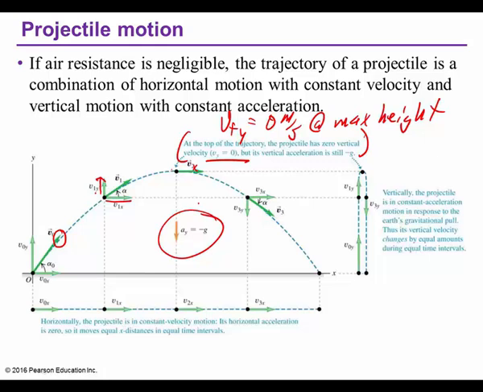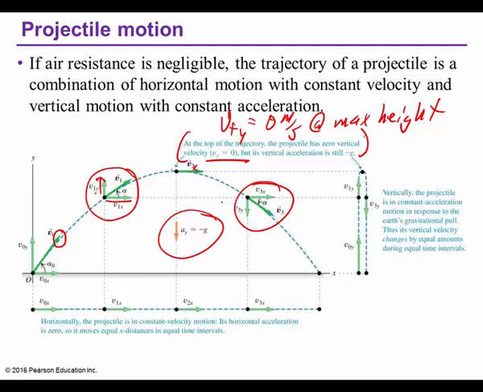What else do you notice about this diagram? I love this diagram. What do you notice about here and right here? It's the same thing, but it's flipped, isn't it? It's negative, isn't it? So what does that tell us about projectile motion?